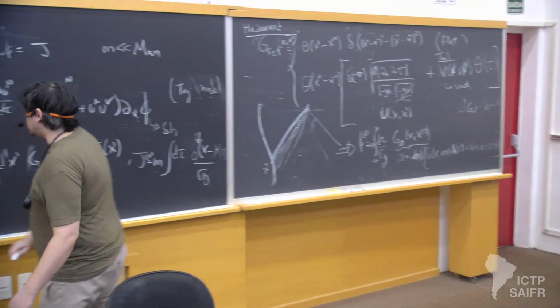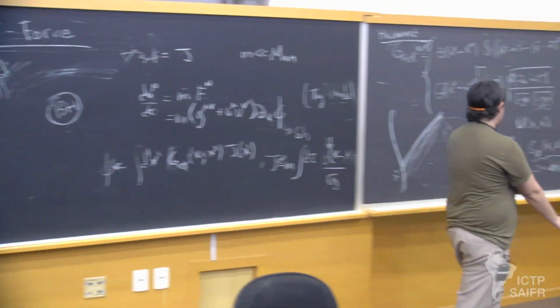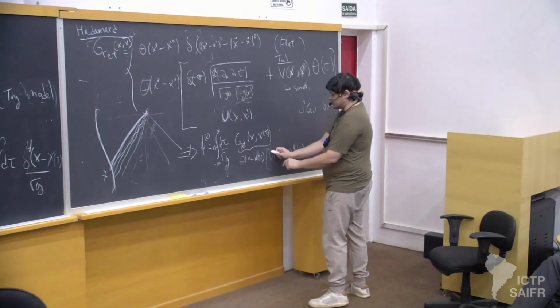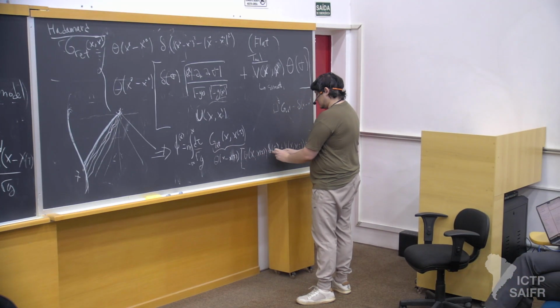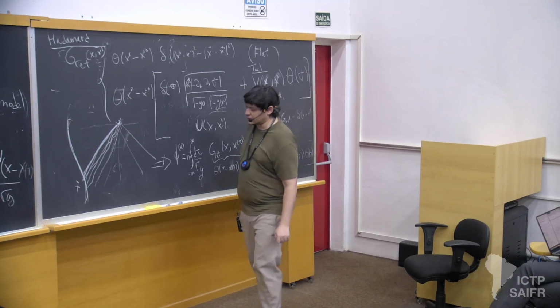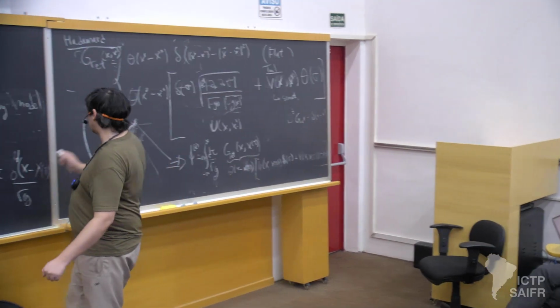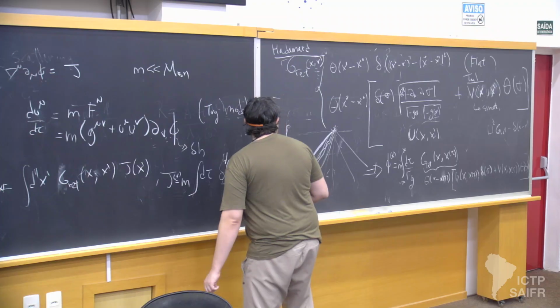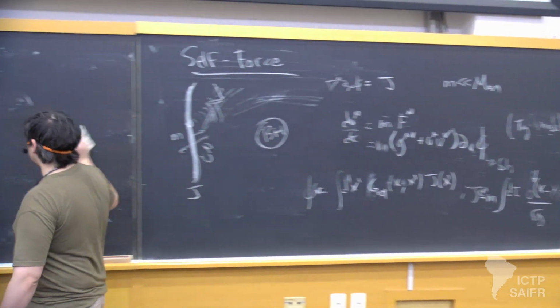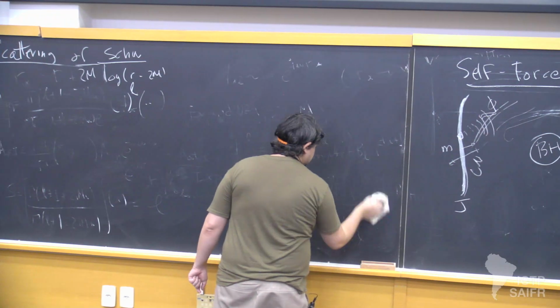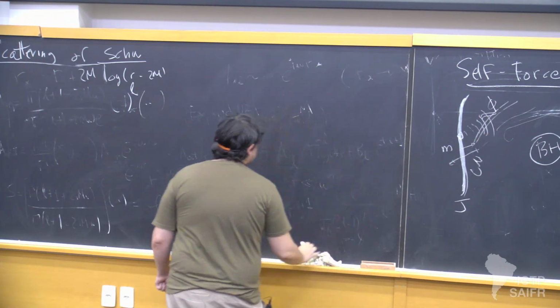This is just from this term, which will be evaluated with this function at sigma at neighboring points. All of this is the same as in Minkowski. The tail term will not contribute. So what we need to do is regularize the first term.